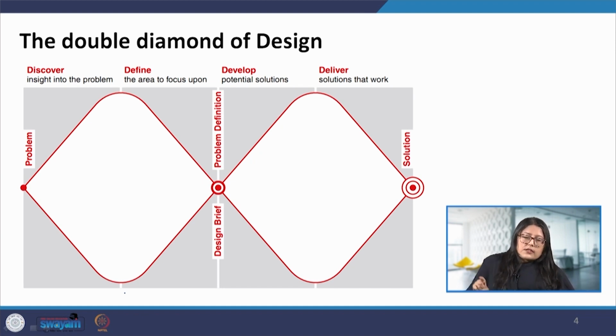We can find solutions. Once the prototypes are designed, of course we are testing them as well. In the initial stage they may be low fidelity prototypes, and later on the high fidelity prototypes will be developed. Finally, in the deliver stage, again we are converging.